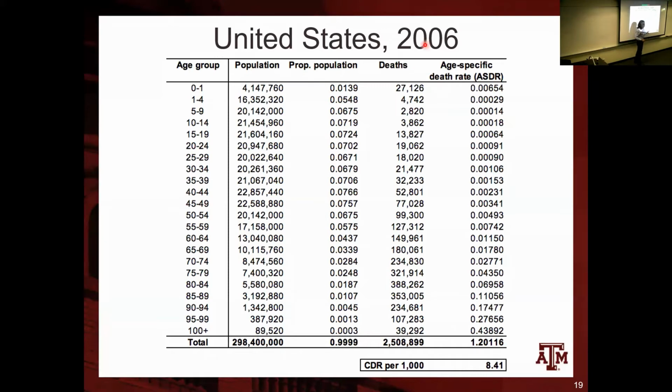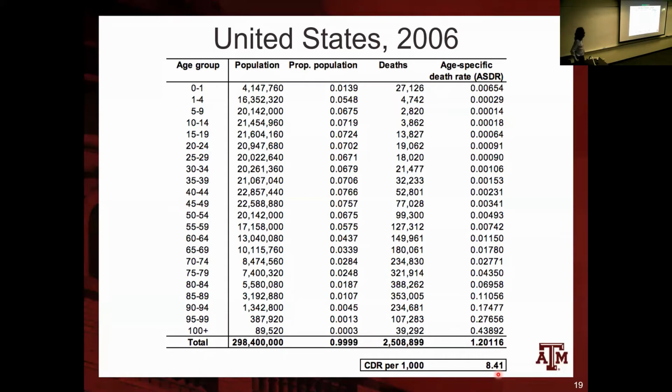We just get the overall number of deaths, 2.5 million, and divide by the overall number of people, 298 million. If we divide 2.5 million by 298 million and multiply by 1,000, we get 8.41. So that means that back in 2006, for every 1,000 people in the US, 8.41 died.